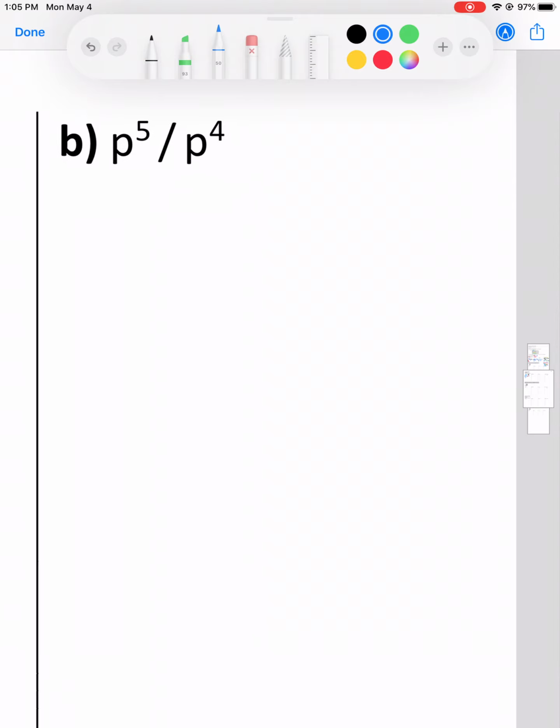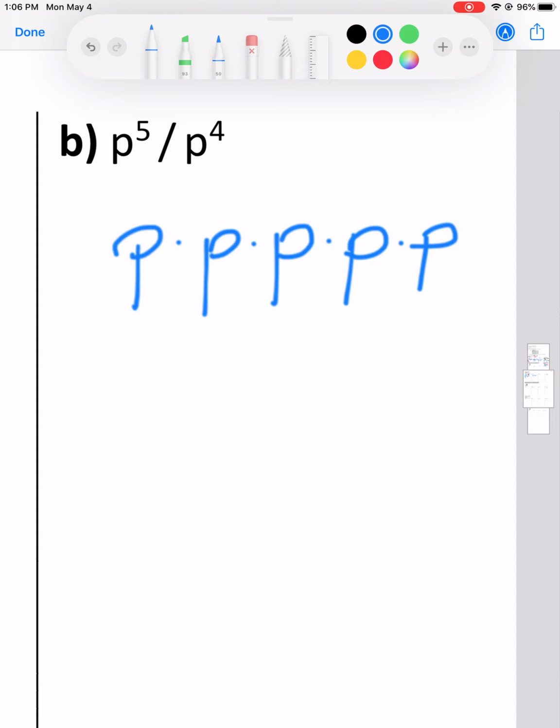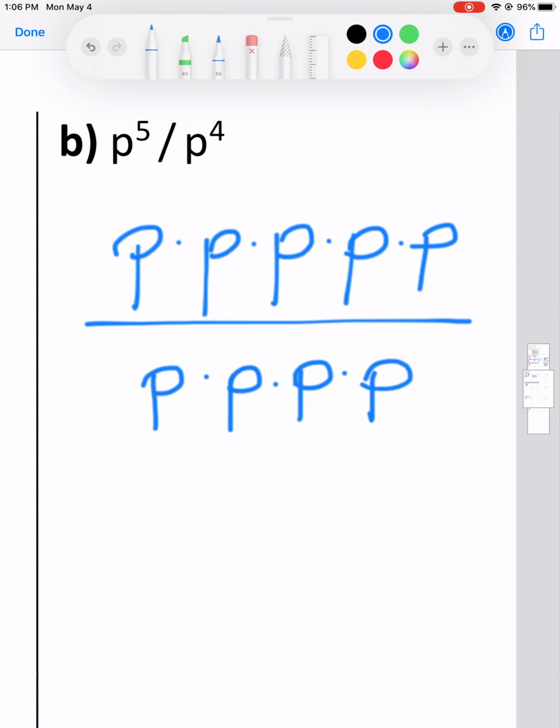So, p to the 5, let's do it. 5 p's: 1, 2, 3, 4, 5, divided by 4 of them: 1, 2, 3, 4. Let's cross them out.